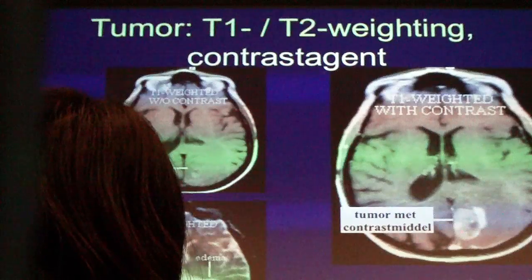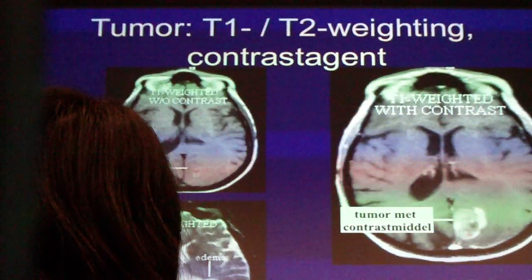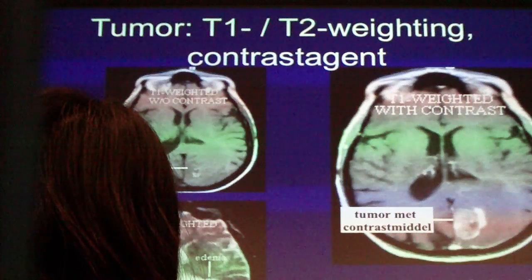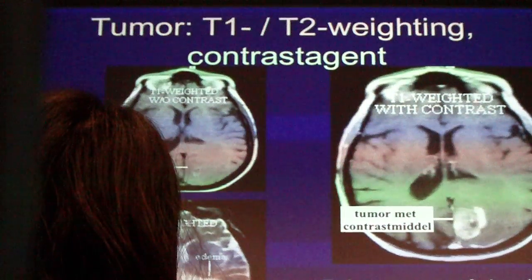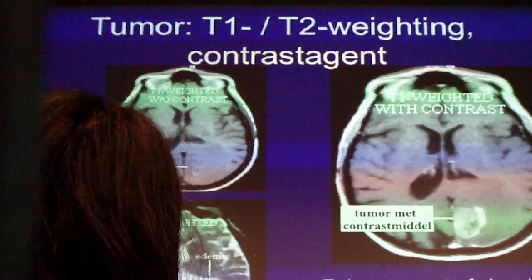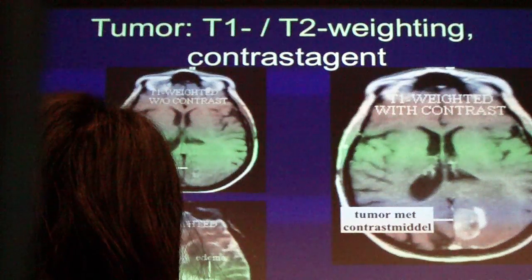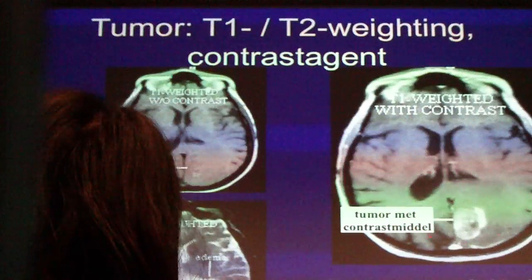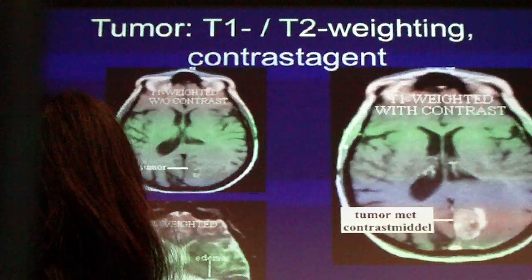Here you can see that there is more intensity in the region of the tumor, and that's because everything that is plasma you now see very bright, because you have a contrast agent in the blood that is shortening your T1. So on the T1 weighted image, everything that is blood is very bright. And because you have leaky vessels here in the tumor, you now see that there is a tumor.